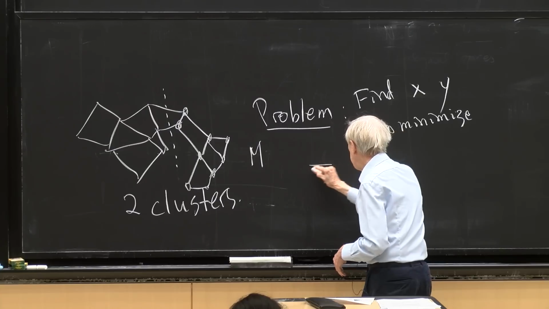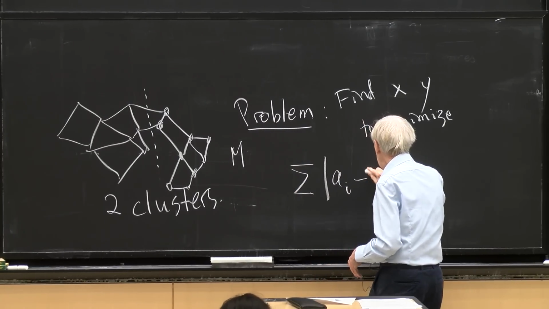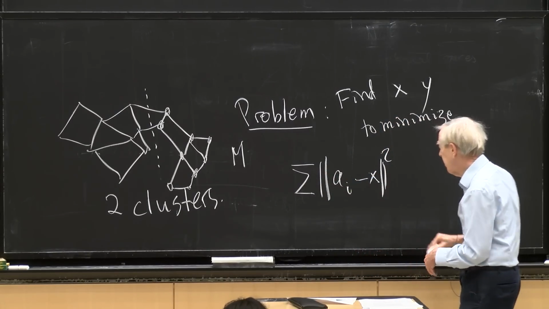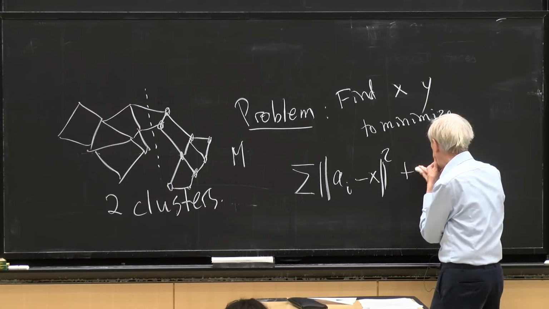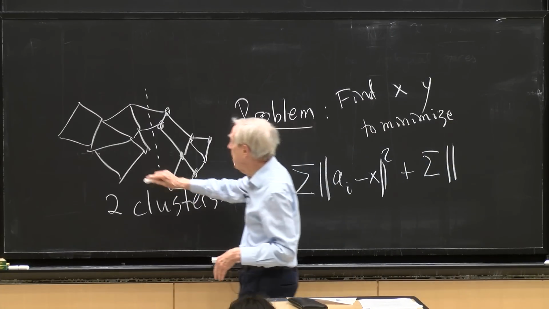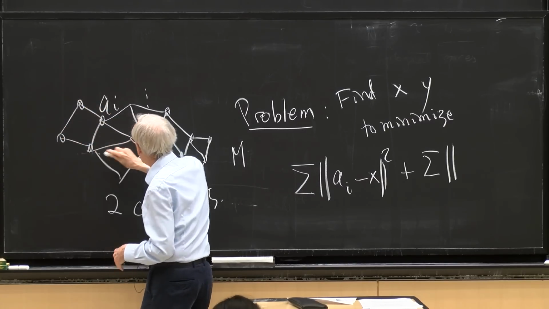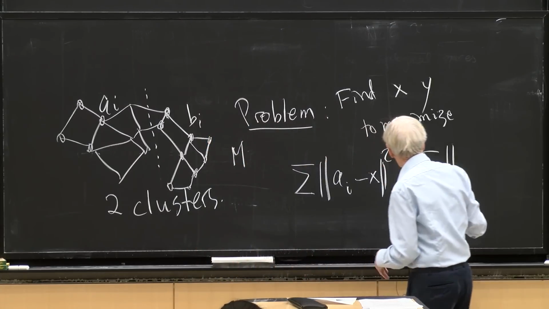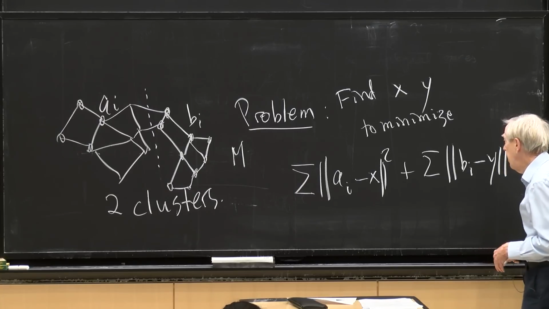the distance of points a_i from x. Maybe I should emphasize we're in high dimensions. Plus the distance of the other points. So the a_i will be these nodes, and the b_i will be these nodes, plus the sum of b_i minus y squared.